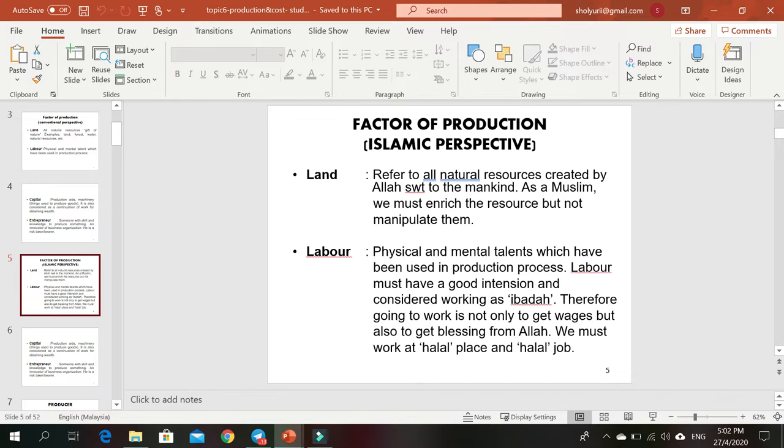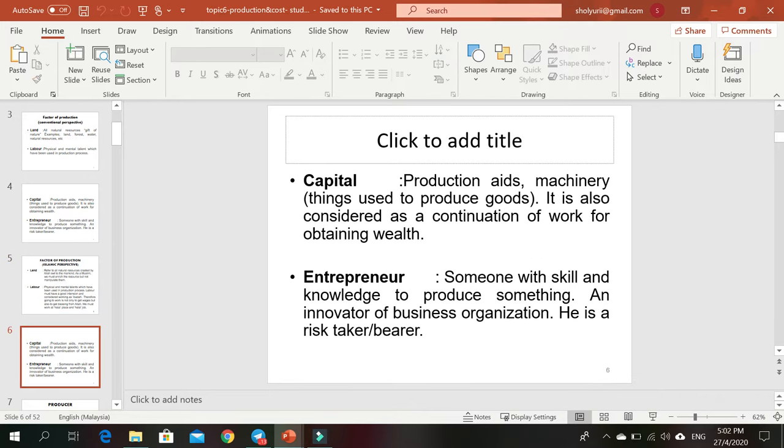Ataupun you jadi manager hotel, okay, walaupun you tak minum arak, tapi ada event untuk Chinese yang sediakan serve arak, so it's the same. Okay, so kalau kita consider our working as ibadah, we will try to find halal job lah, doing halal job to earn something yang halal. Okay, and about capital and entrepreneur is the same, tak ada beza pun dengan conventional and Islamic.